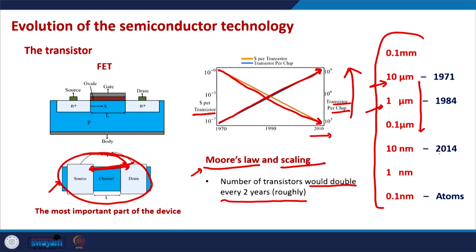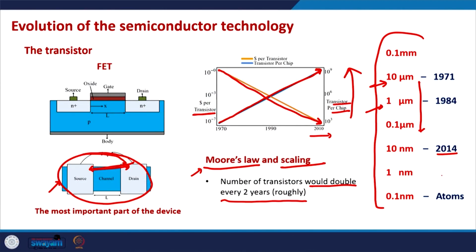In 2014, we had transistors with a channel length, or active region, of tens of nanometers. And now that's an interesting thing: in 2020, 2021, or 2022, the semiconductor technology node that we are working with is around 5 nanometer or even 3 nanometer.